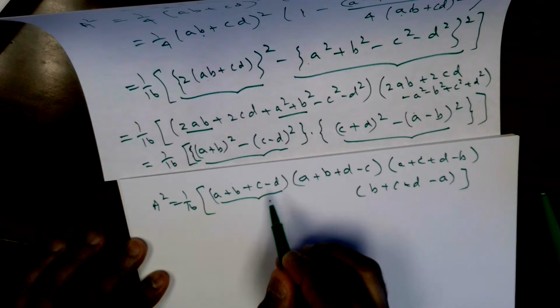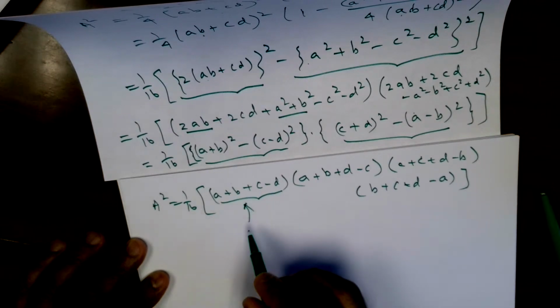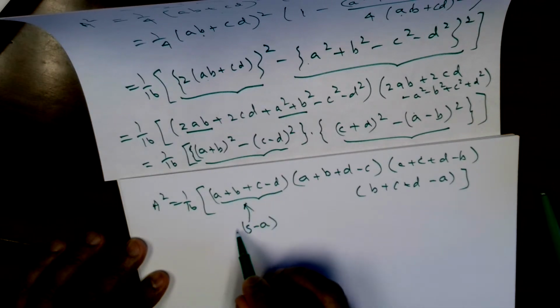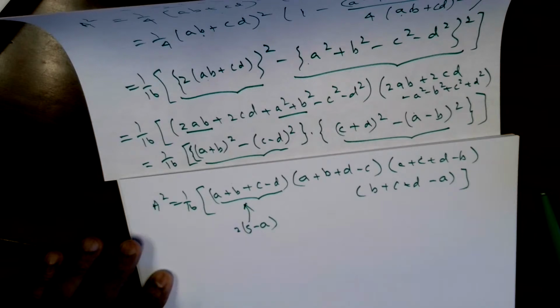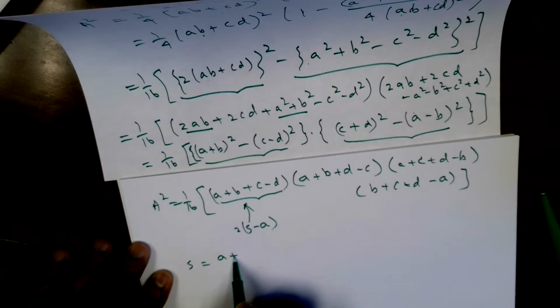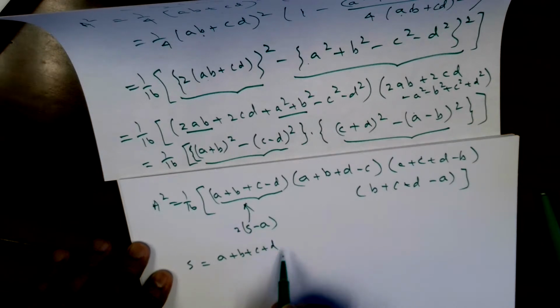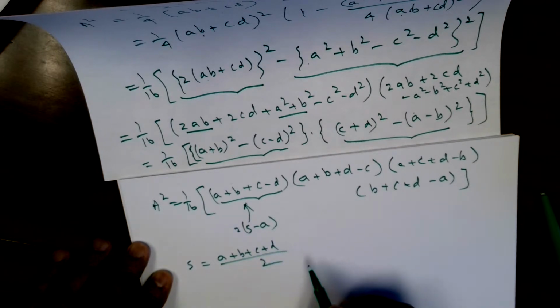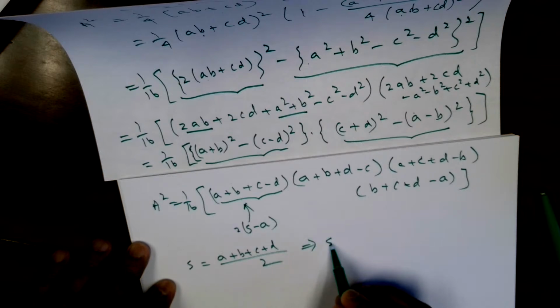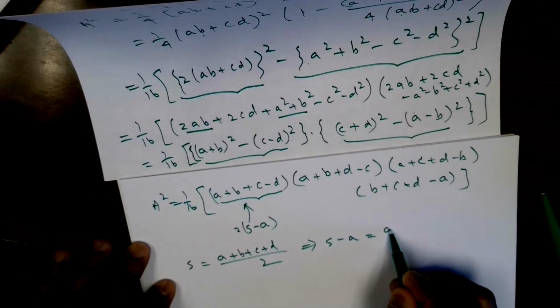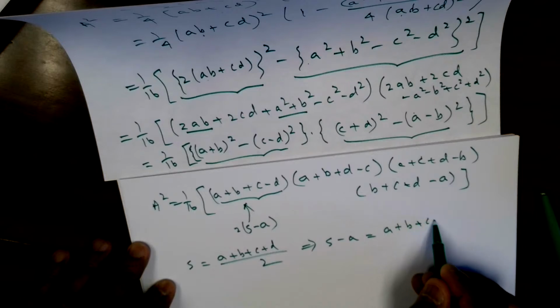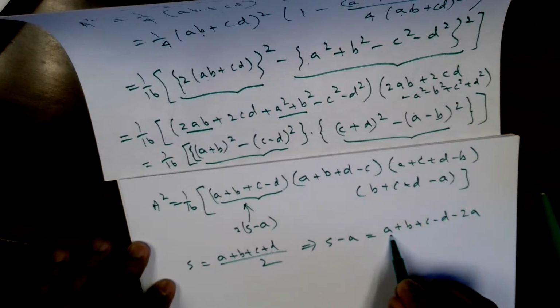But as we have noticed before, this is actually s minus a multiplied by 2, because s is half the perimeter, and then s minus a is a plus b plus c plus d minus 2a, over 2.